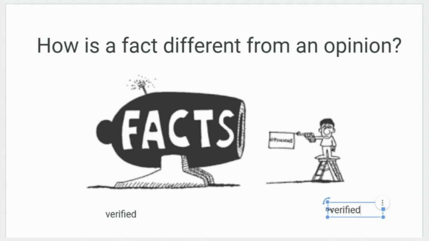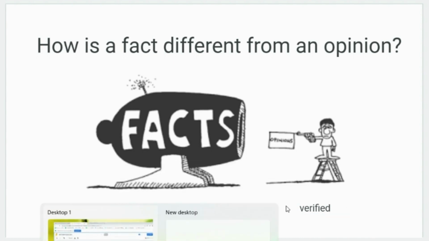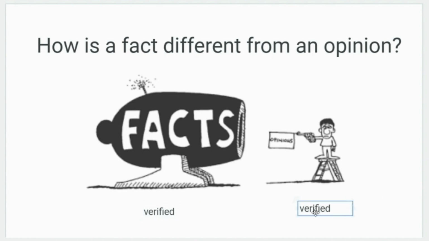I can verify if this is the opinion of Mahatma Gandhi. That would be a bit differentiating them, right? If you can use one word there: objective and subjective. Yes, that would be one way.